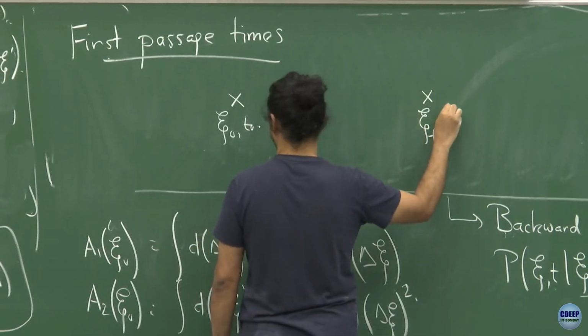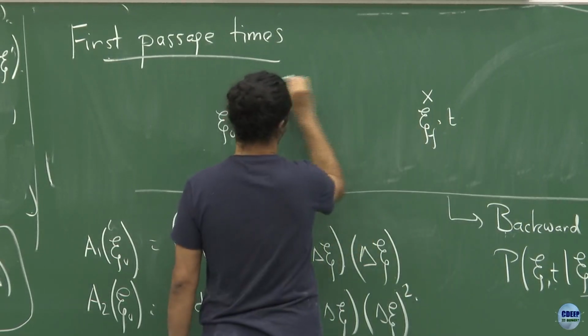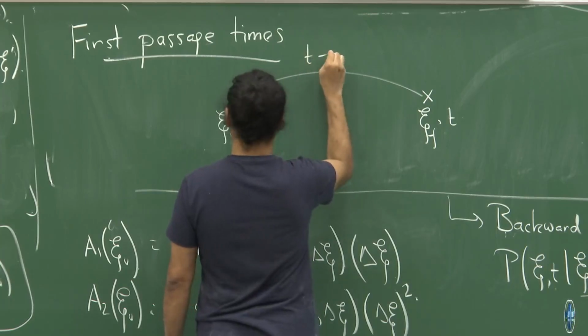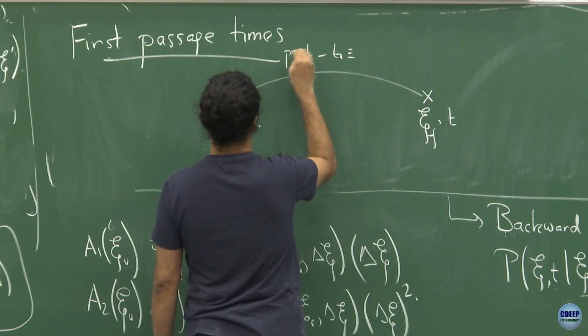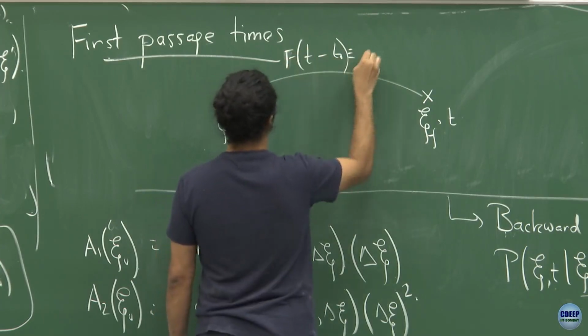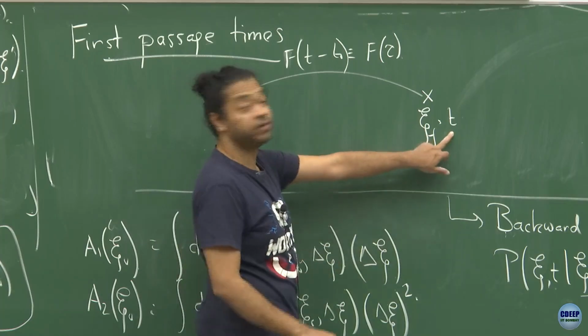So, let me call this some t. Essentially what I want to look at is the distribution of these time intervals t minus t naught, where it reaches this state for the first time. Okay.